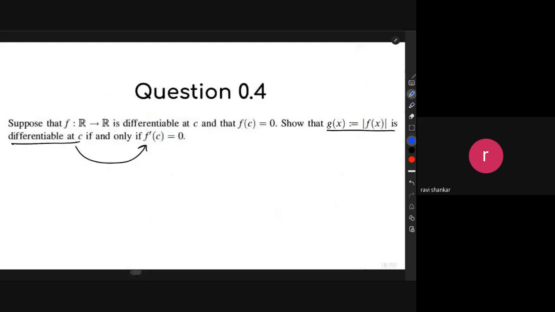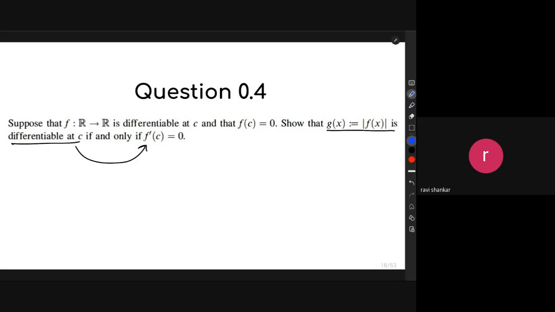So the question is this. You start with a function which is differentiable at c, and f of c is equal to 0. Then you need to show that g of x, which is defined to be modulus of f(x), is differentiable at c if and only if f prime of c is equal to 0.